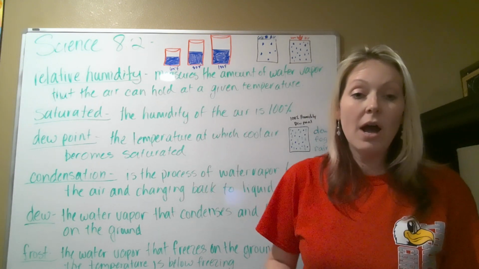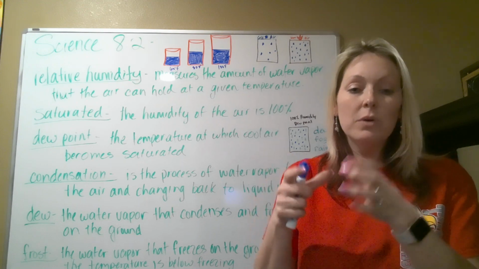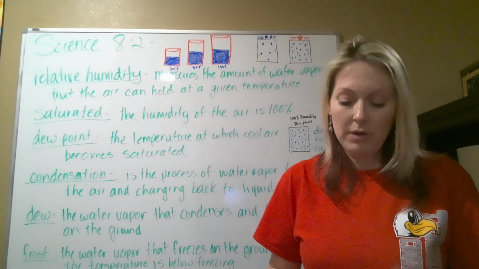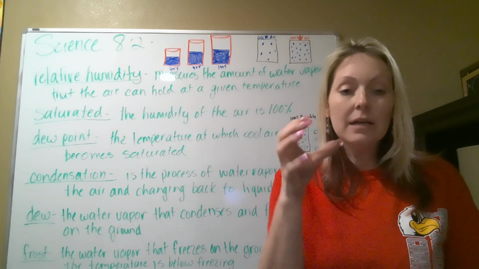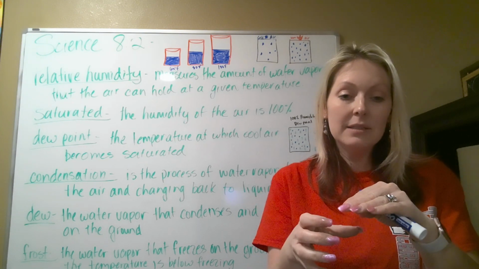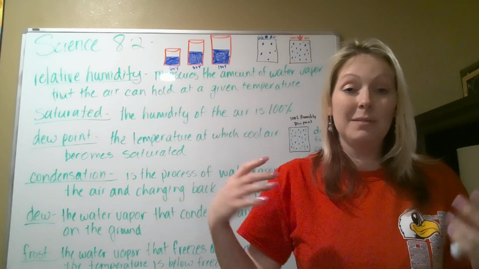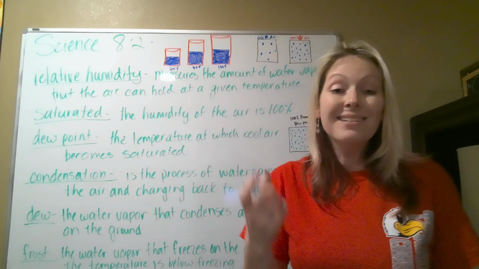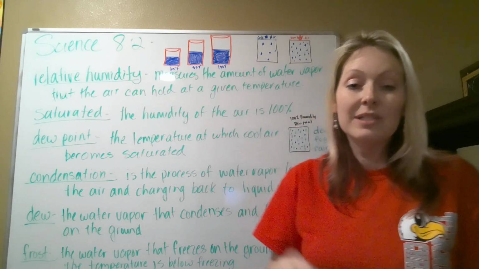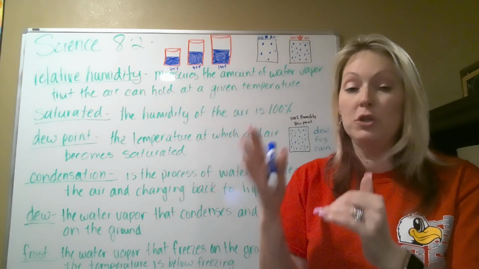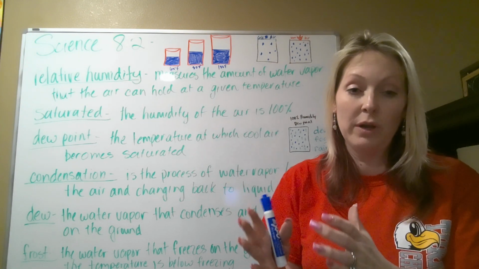So another example is if you were to take your glass, do it today. You'll see it. Okay, go inside today, get a glass of water, throw some ice in it, right? And now go take it outside and set it outside because it's going to be nice and hot today. What's going to happen? You're going to start to see that the temperature inside the glass and the temperature outside the glass are different, right?